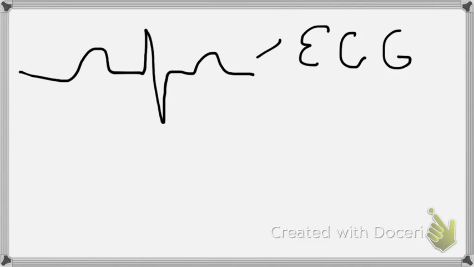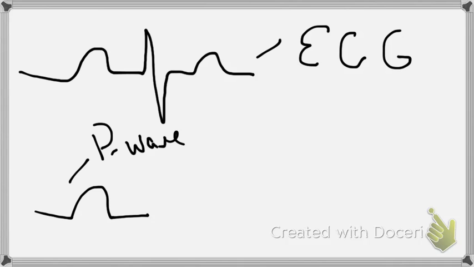This representation of this ECG complex is normal. When you have here, this first part is called the P wave. When you see that on an ECG, that P wave represents the depolarization of the SA node.